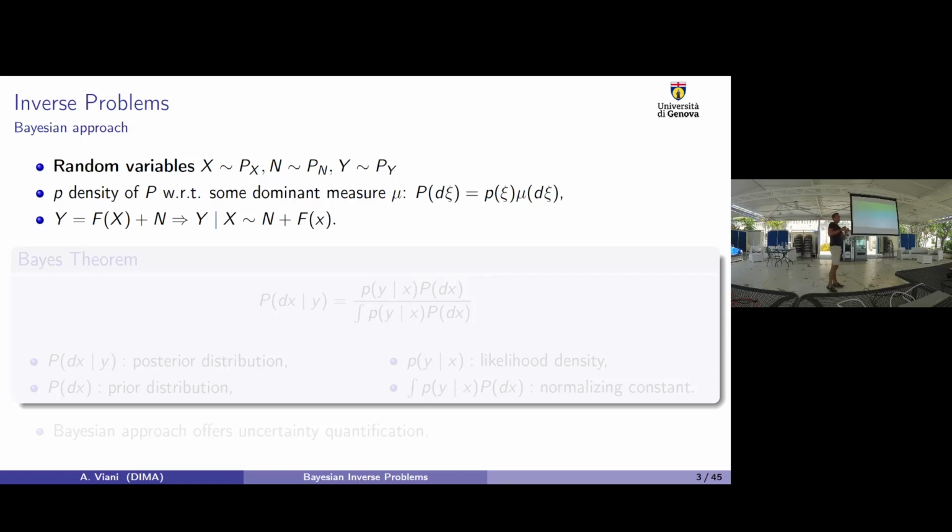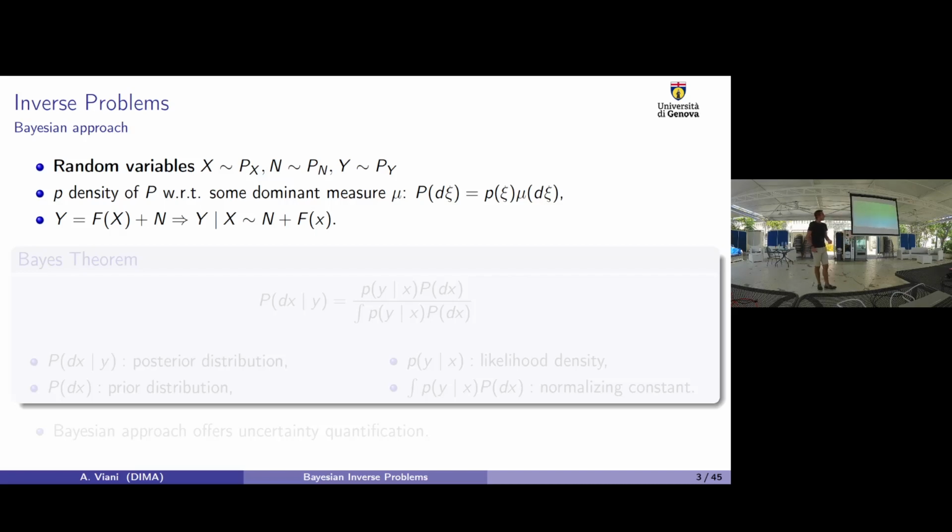If we want to generalize this approach, it's better to use distributions, so measures. And each distribution could have a different density with respect to different measures, due to the Radon-Nikodym theorem.